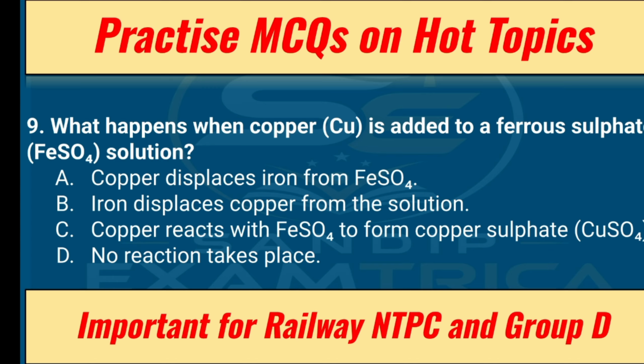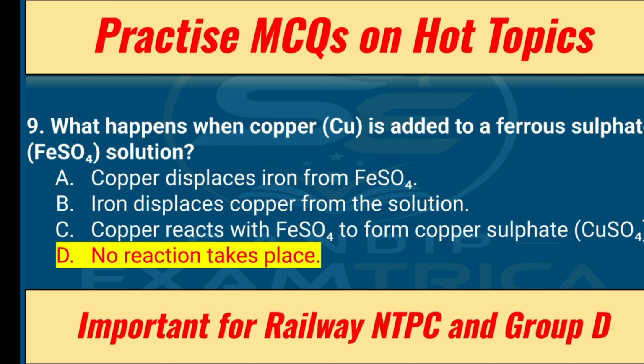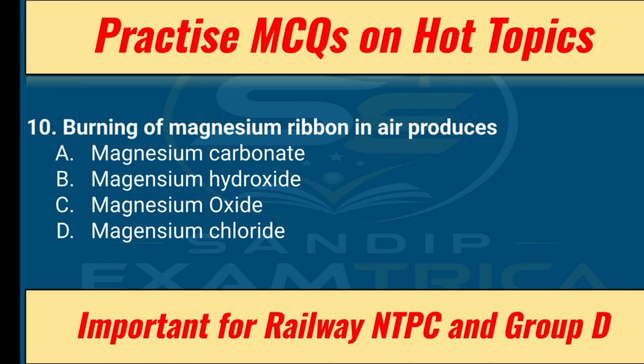So when copper is added to ferrous sulfate, no reaction takes place. When iron is added to copper sulfate, a reaction occurs, and iron displaces copper from that solution. So here the correct answer will be option D. No reaction takes place.